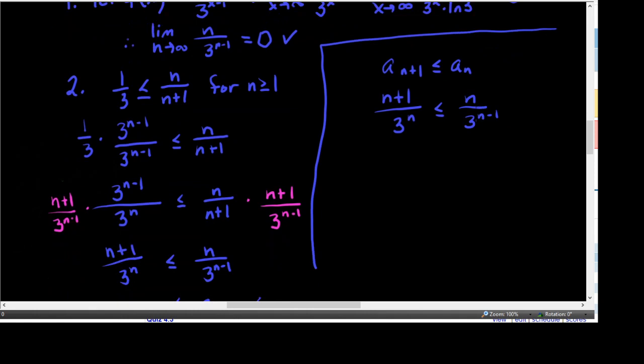And what we have to do is play with this algebraically in a reasonable, logical, and correct way until it becomes an inequality that we know is always true for n greater than or equal to 1. So let's see. We could, if we wanted to, multiply both sides of this by 3 to the n minus 1 over n plus 1.